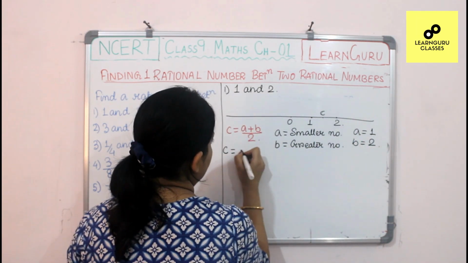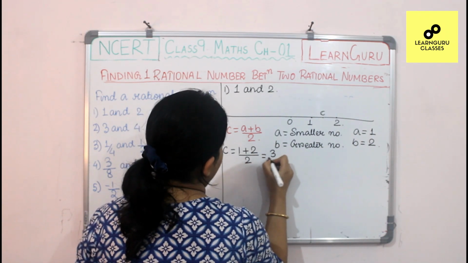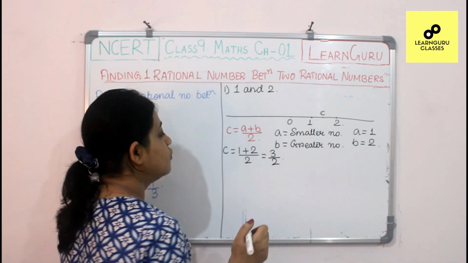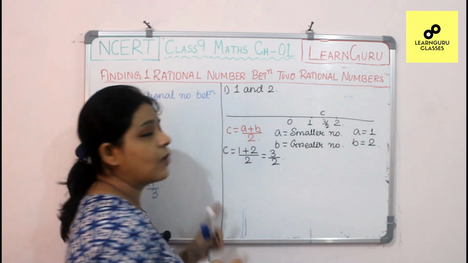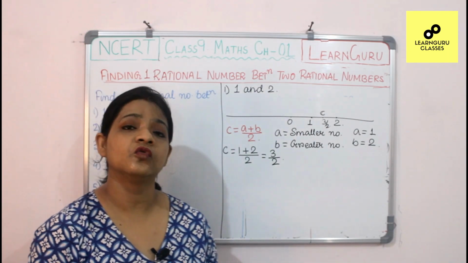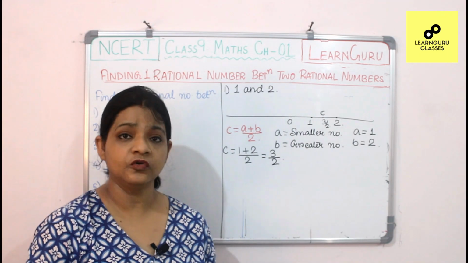So C equals (A plus B) by 2, that is 3 by 2. So 3 by 2 is one rational number between 1 and 2, which is also the mean value of 1 and 2.